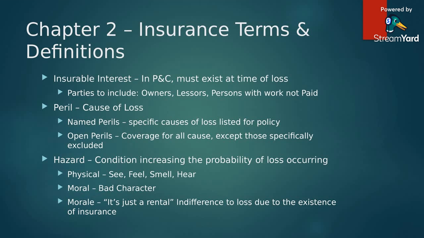So if a property has open perils on the dwelling and named perils on the personal property, the incurred damage caused by a wild animal, the structure would be covered, but the damage to the personal property would not be. And this is very typical of most homeowners policies, in fact, because the most common one is an HO3 policy, which is exactly set up to be this way. And we'll get into that a little bit later.